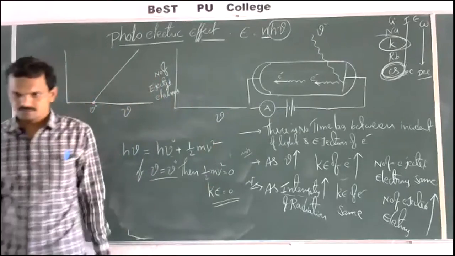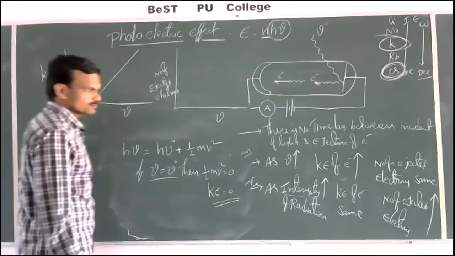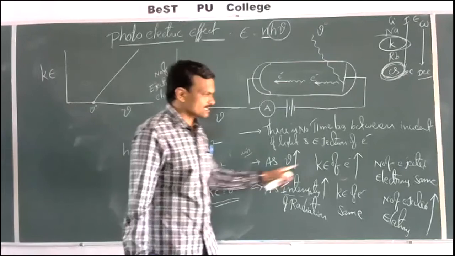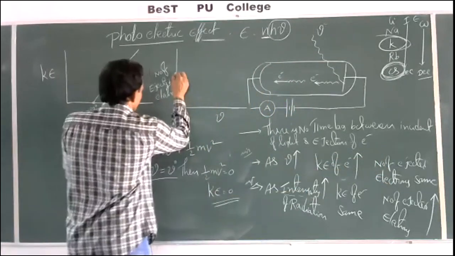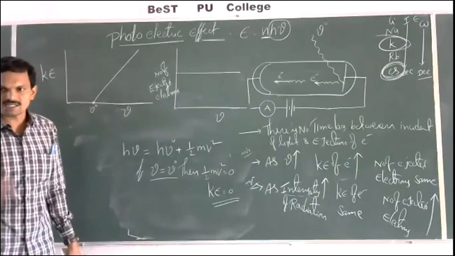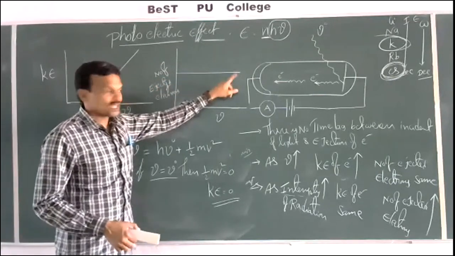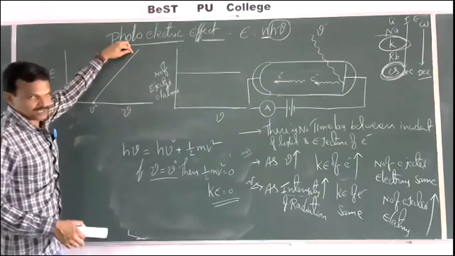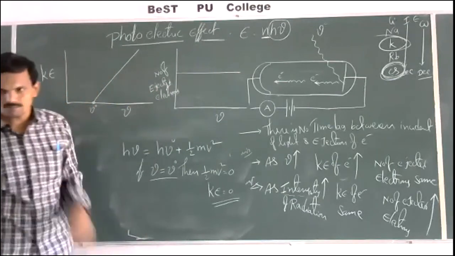If you plot a graph of the number of ejected electrons versus frequency, just now we discussed that as frequency increases, the number of ejected electrons remains the same. That means it will not change. So whatever frequency we have applied, the number of ejected electrons remains the same. As frequency increases, the kinetic energy of the ejected electron increases, and the number of ejected electrons remains the same.